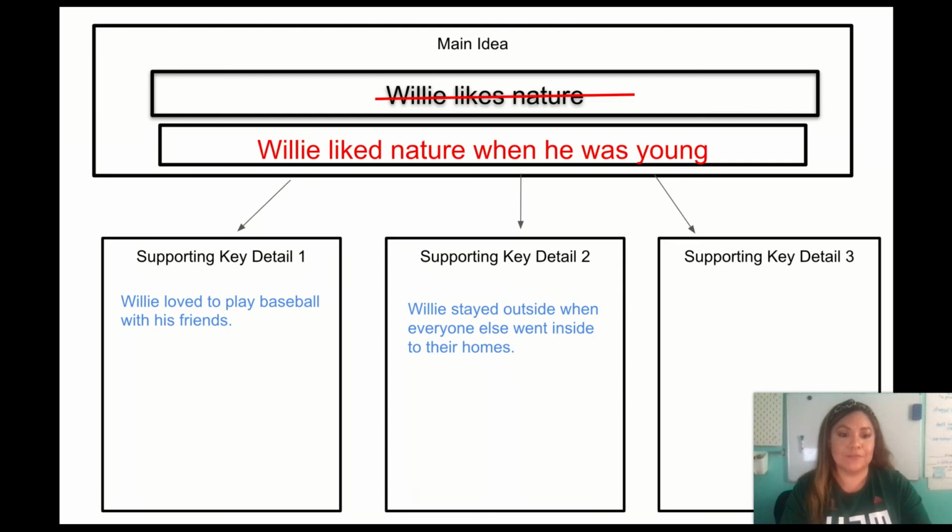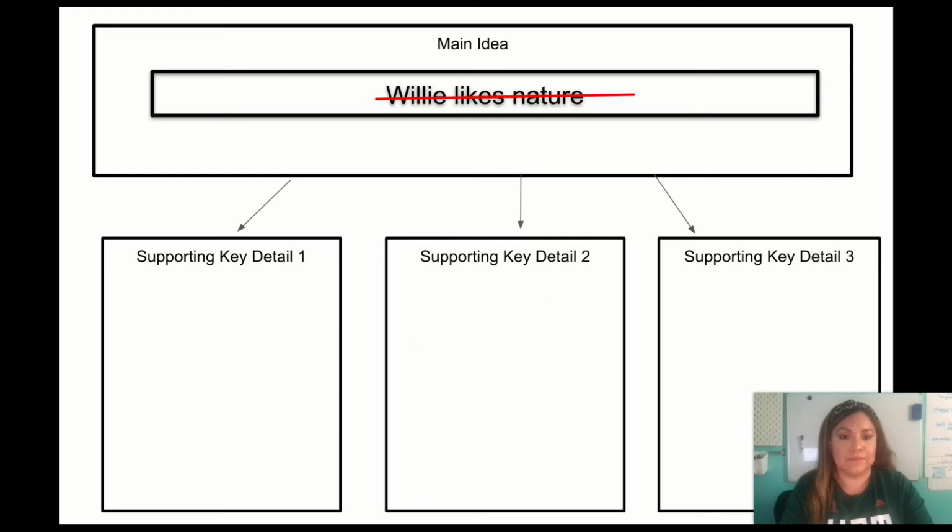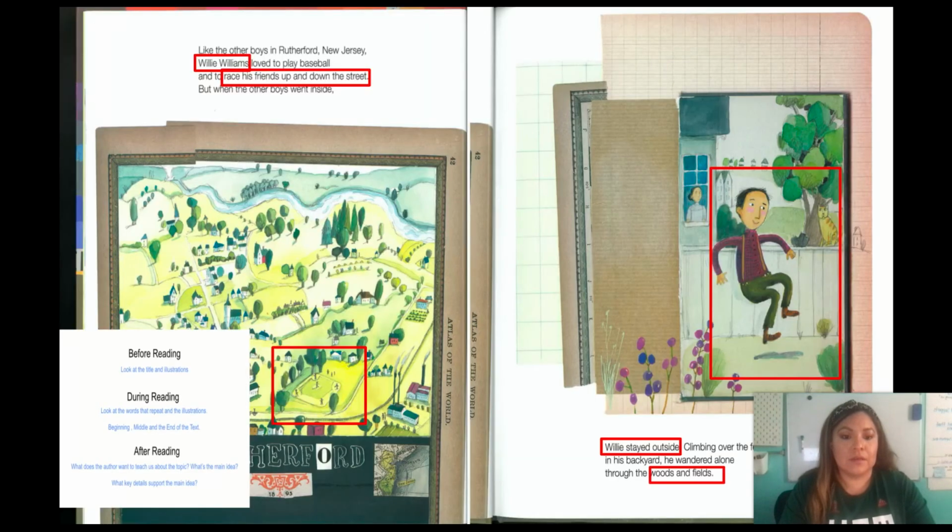So, now let's look for a third detail that supports my idea that Willie liked nature when he was young. Climbing over the fence in his backyard, he wandered alone through the woods and fields. Hmm. Again, if I put it in my own words, I know that the woods and fields are outside in nature.